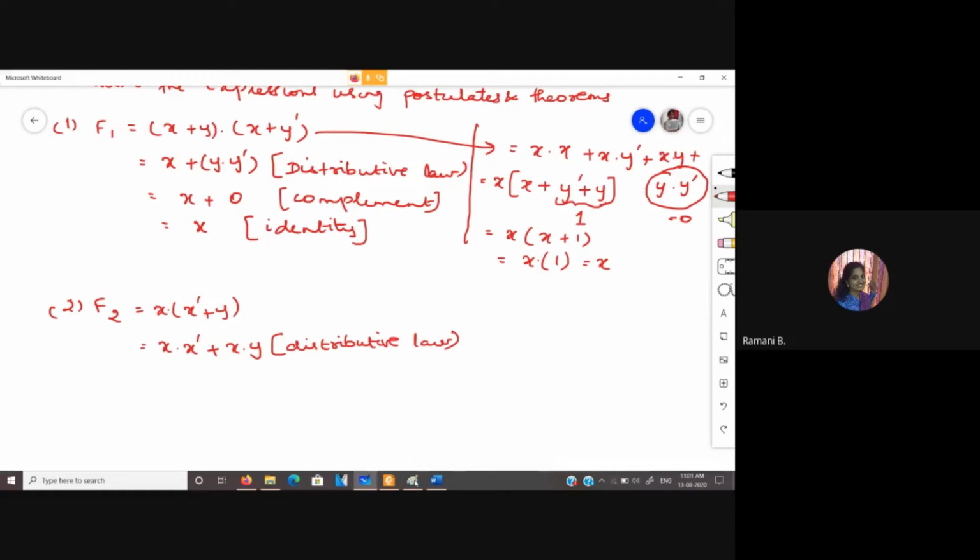Okay, don't simply write the simplification procedure as such. So this x dot x bar is going to be 0 with respect to the complement property, and then this will be identity element property, so you will get x dot y.